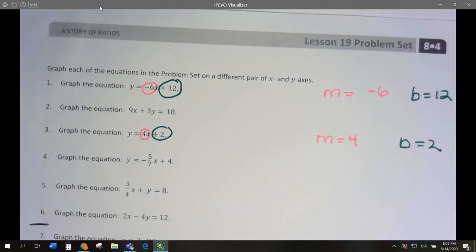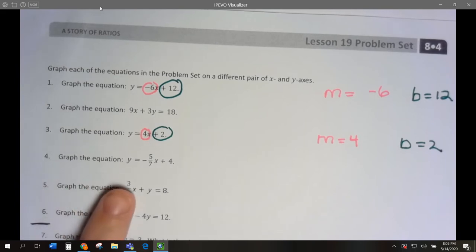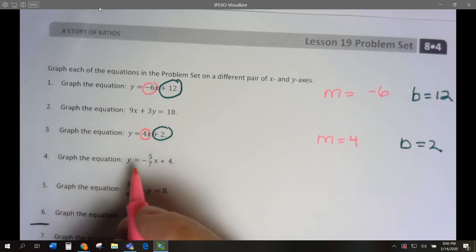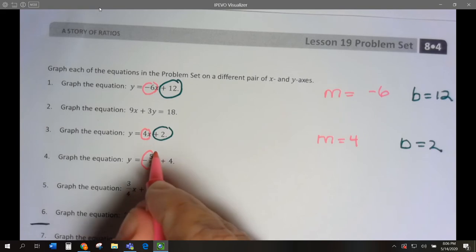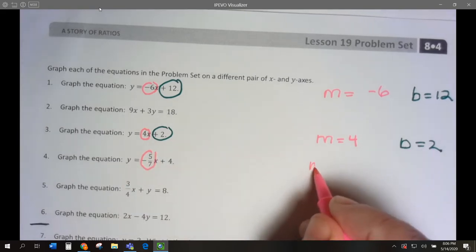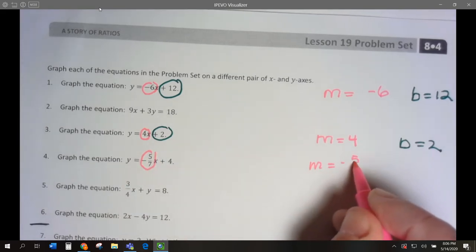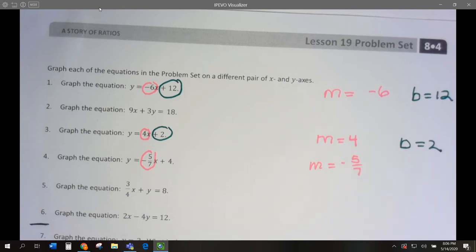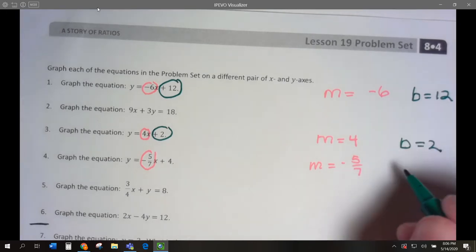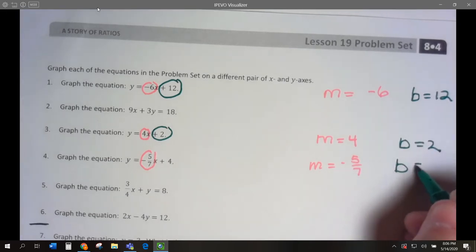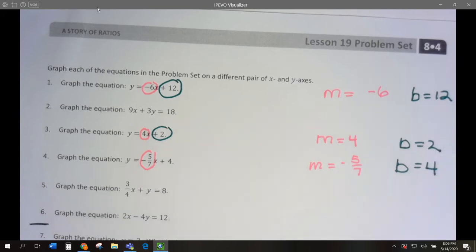Number 4 is also in slope-intercept form. So what is our slope? M is a negative 5 over 7. And our B, our y-intercept, is 4.